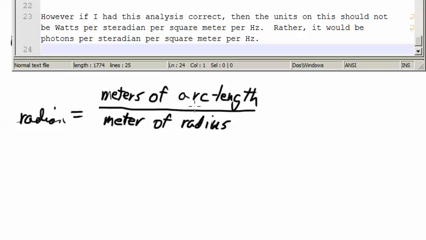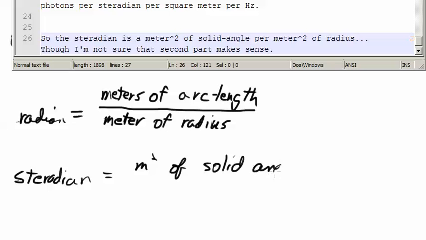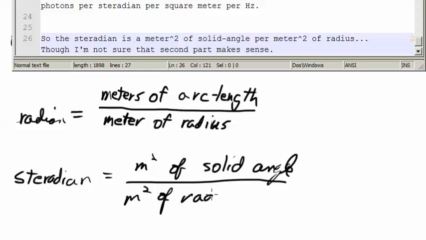And then it says the radian is a meter of arc length over a meter of radius. So the steradian is a meter squared of solid angle per meter squared of radius, but I'm not really sure that second part makes sense.